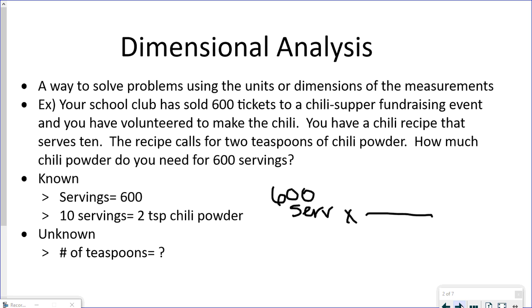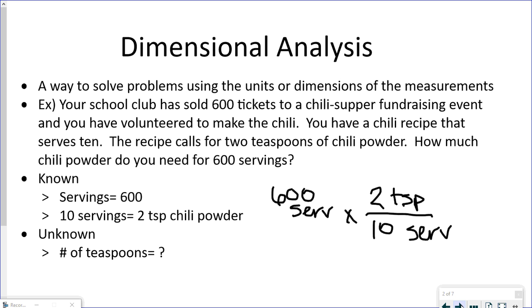Well, we're trying to cancel the unit of servings. So since we're starting with servings, that unit needs to be in the bottom of our fraction. Well, the only thing I know that deals with servings is that my recipe for 10 servings contains 2 teaspoons of chili powder.